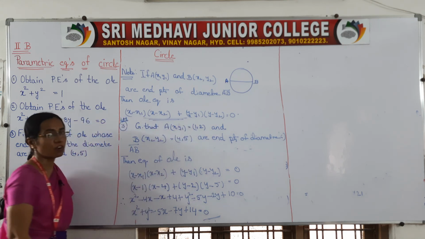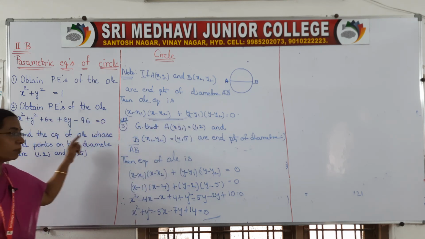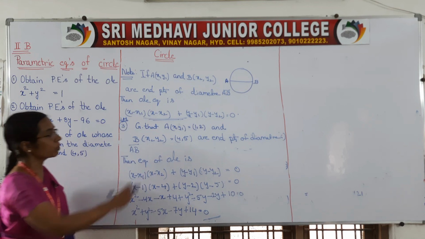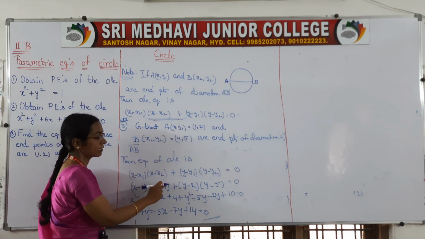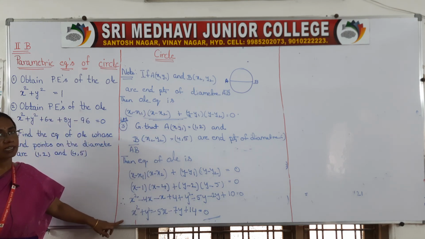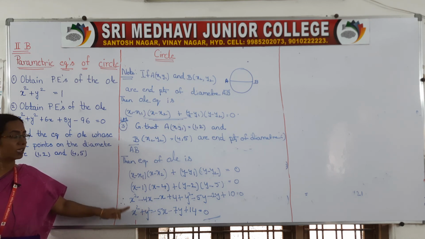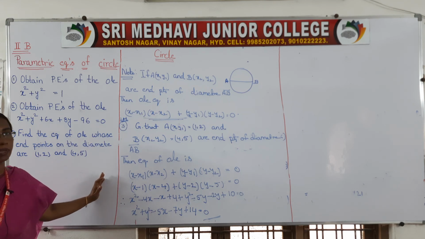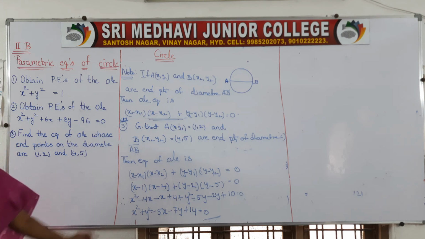This is the formula, and we did one problem based on it. Just substitute the two endpoints in the formula and you will get your final circle equation. So practice the problems and don't lose connectivity with the topics. That's all for today. Have a nice day.